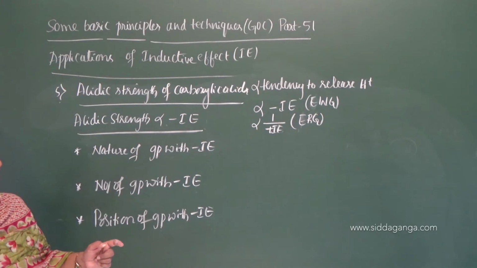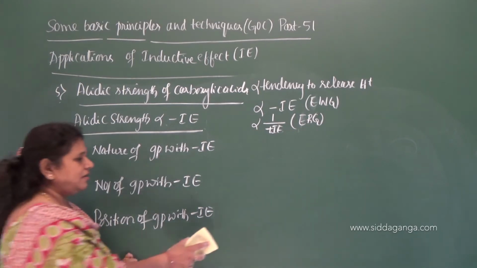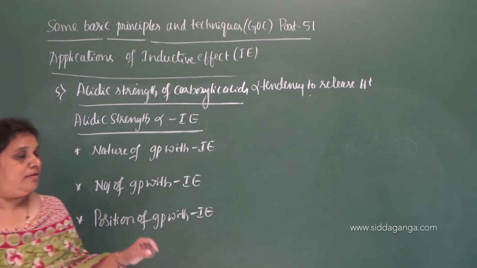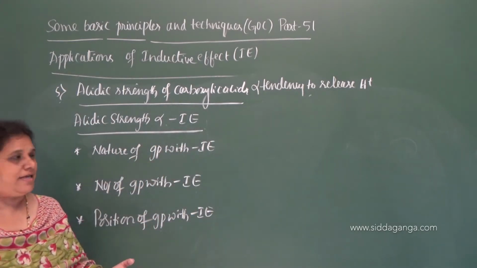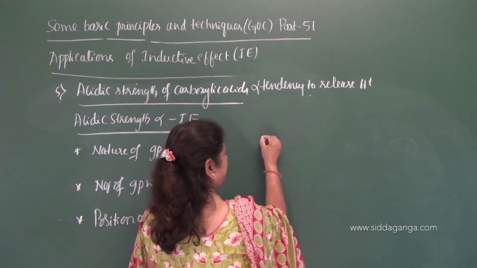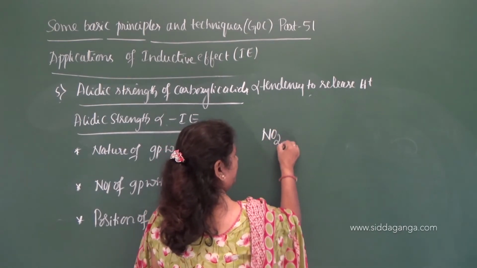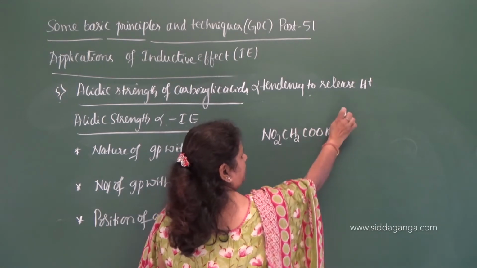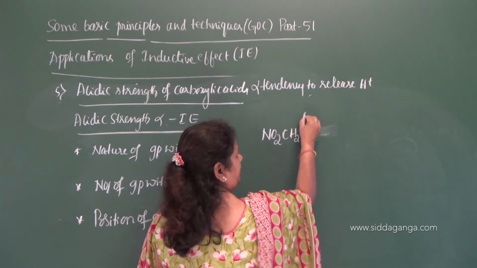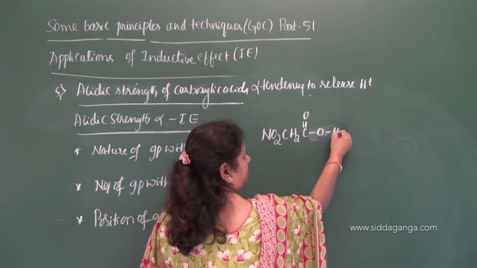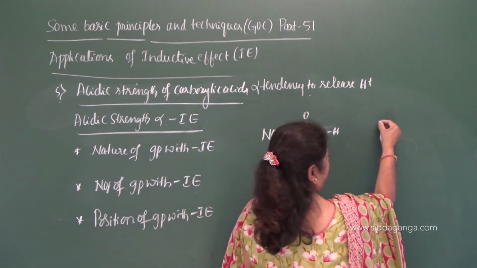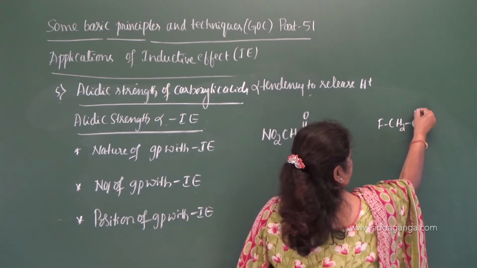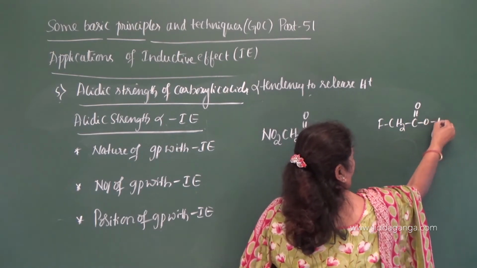So let us consider examples one by one here. First one is the nature of the group with minus I effect, and consider NO2CH2COOH, that is C double bond OH, and one more I can give here, FCH2C double bond OH.